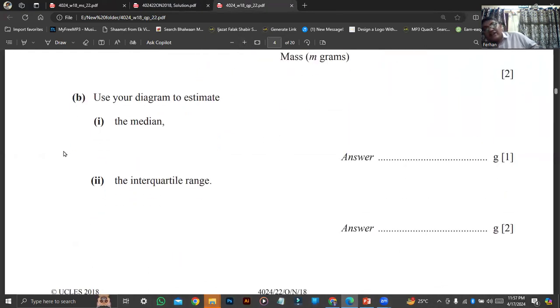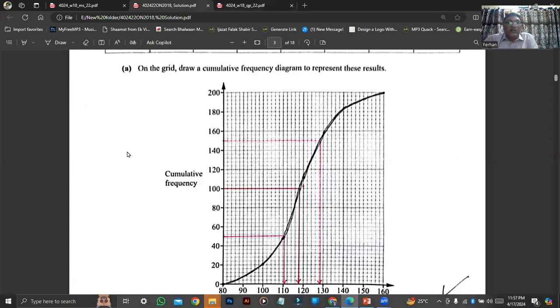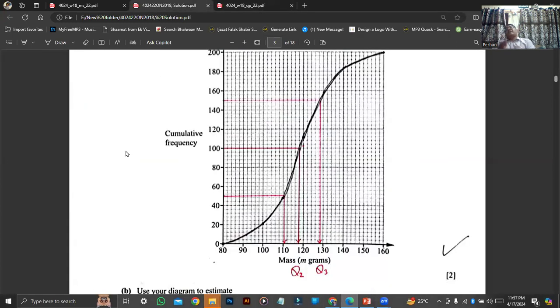It says use your diagram to estimate the median. If you want to find the median, the method is very simple. The total cumulative frequency here is 200. So I will first find 50% of that 200, and that will be 100.